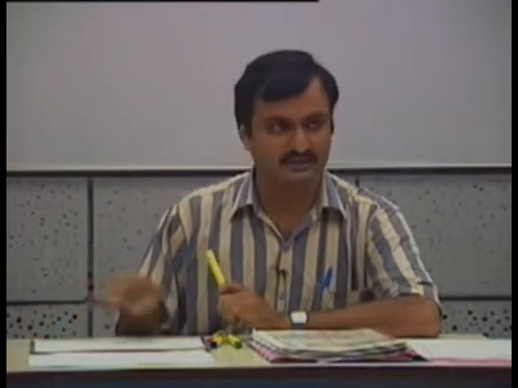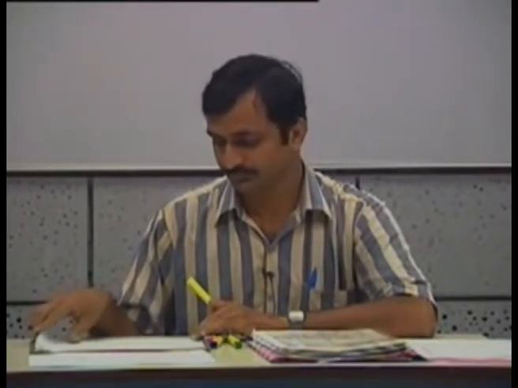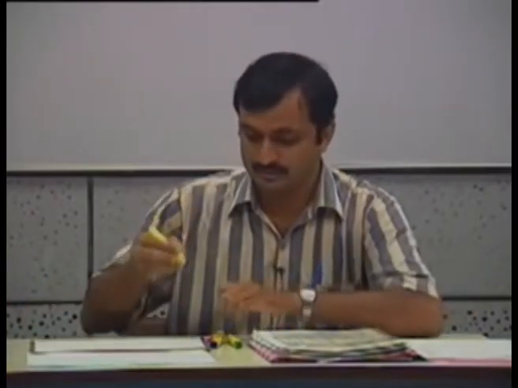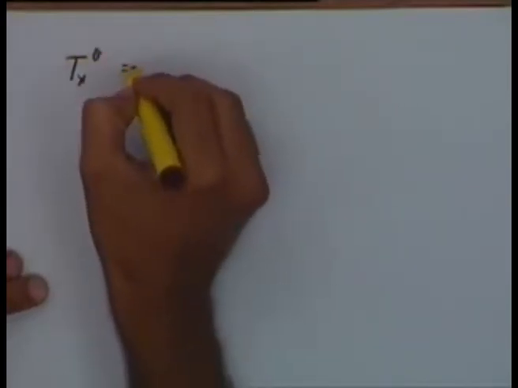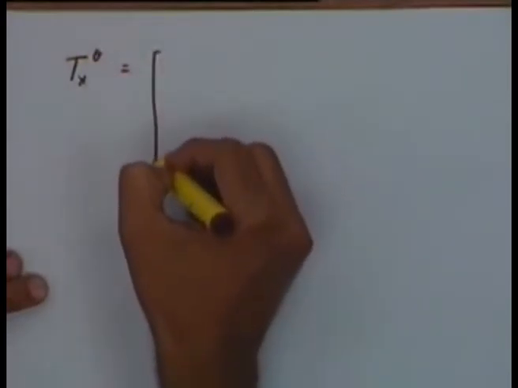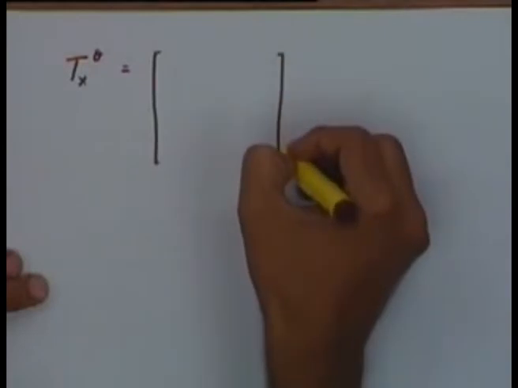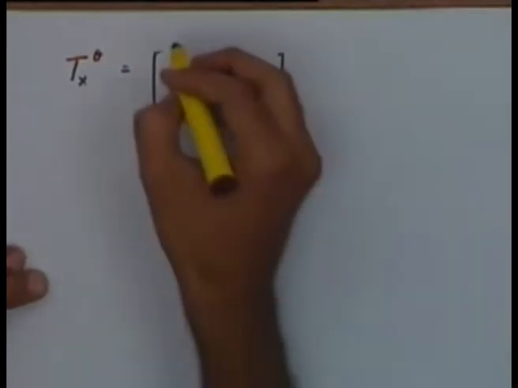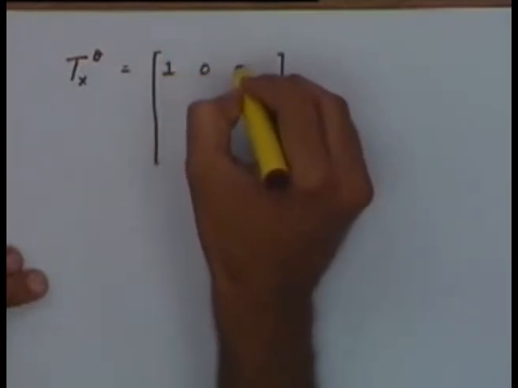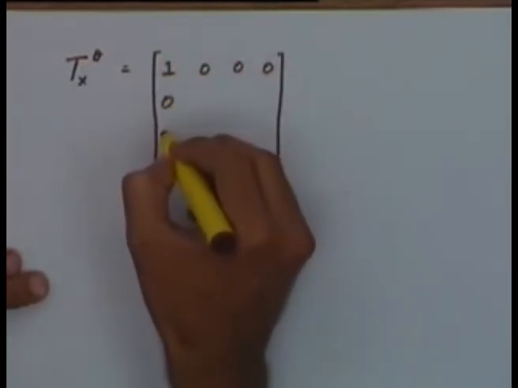Now if you want to rotate about the x axis, what will be the transformation matrix? For rotation about the x axis by an angle theta, the x coordinate has to remain unchanged. So this will be 1, 0, 0, 0.